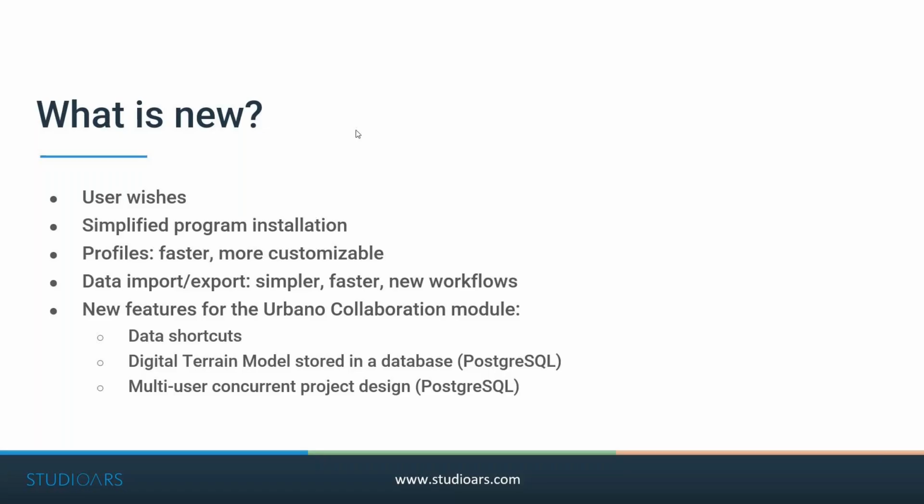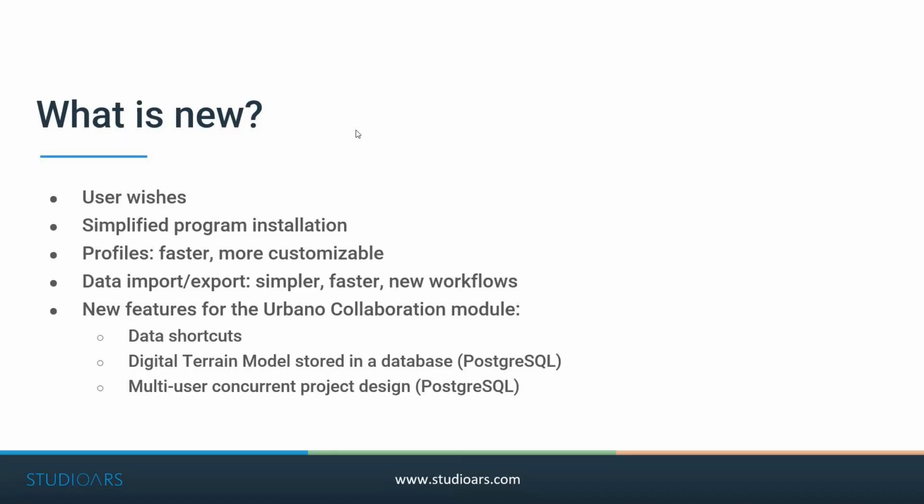Also, there's a simplified installation procedure. There's of course lots of work done on profiles, so profiles are faster, they are more customizable. There has been a lot of work on data import and export. So there's new possibilities. There's a new user interface. So they're simpler now. They work faster. So a lot of work there.